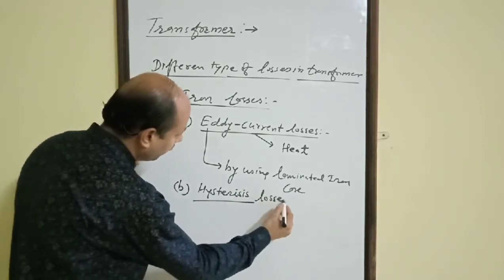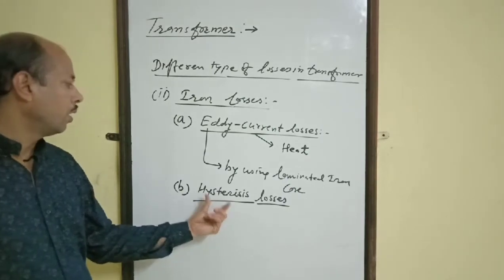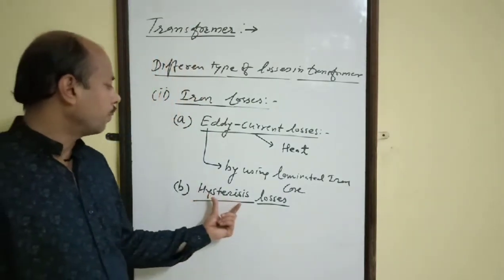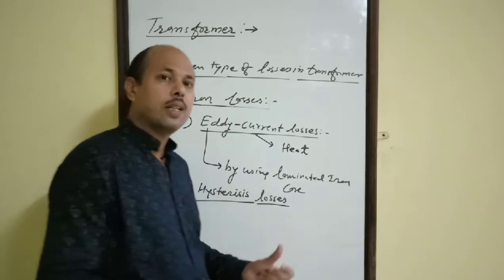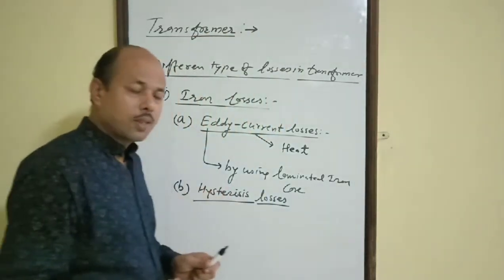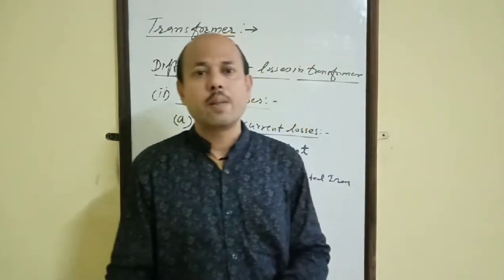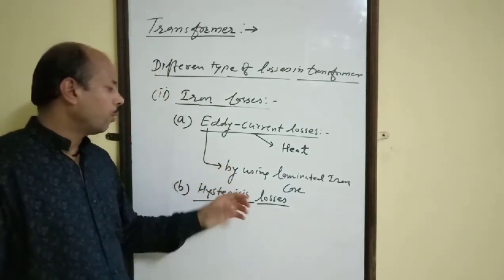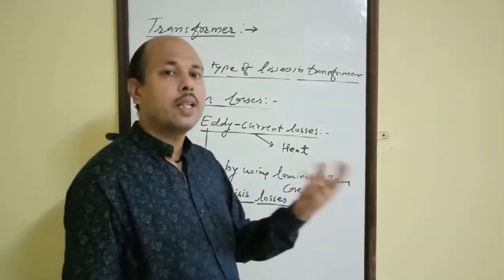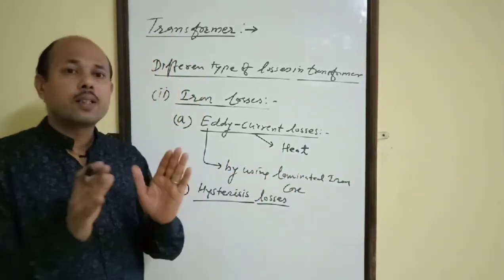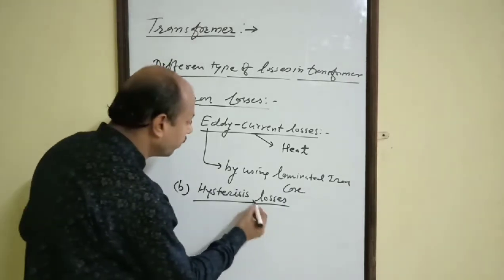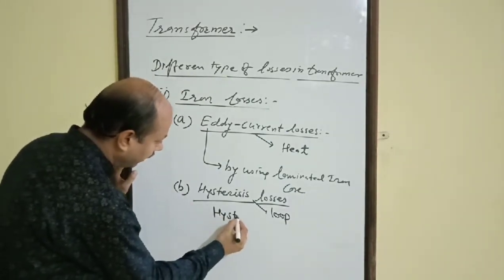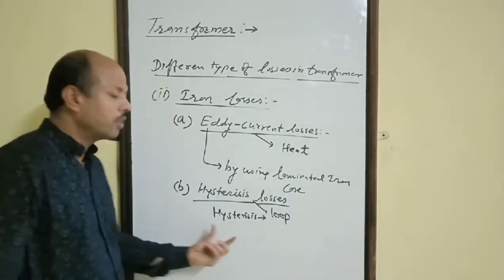According to the theory of ferromagnetic, paramagnetic, diamagnetic in chapter 5, magnetic effect, we know that hysteresis means whenever a ferromagnetic substance is magnetized and demagnetized, again magnetized and demagnetized, we get a complete curve, that is known as the hysteresis loop, that we have already discussed in the chapter hysteresis loop.